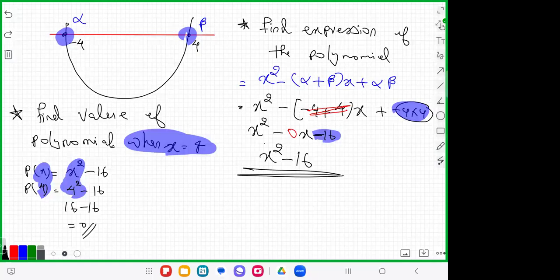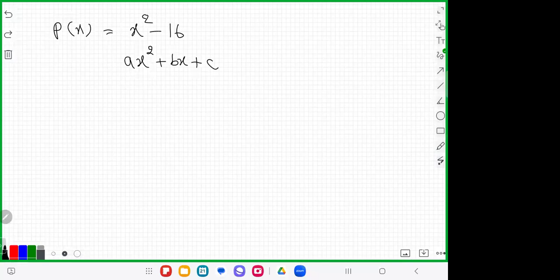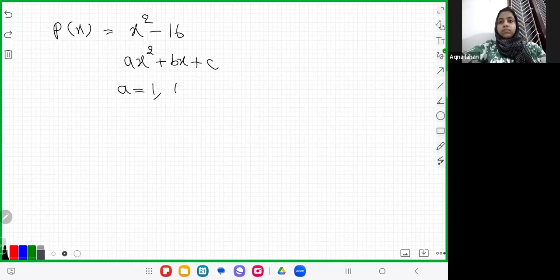Then, how can you verify the relationship between the zeros and coefficient? Look, the polynomial given is x square minus 16. When we compare this with ax square plus bx plus c, what is the value of a? 1. What is the value of b?